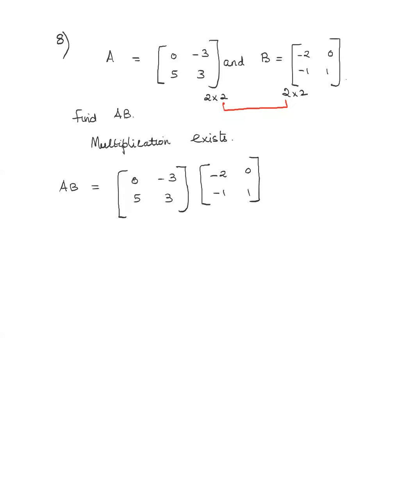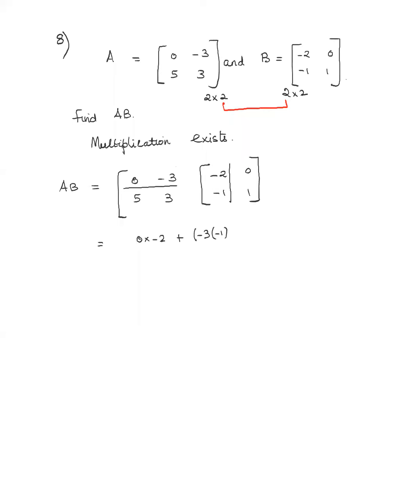In order to multiply this, you take the row here and the column in the second matrix. So you multiply 0 times -2 plus -3 times -1. So you multiply these two and these two. That's how it goes.